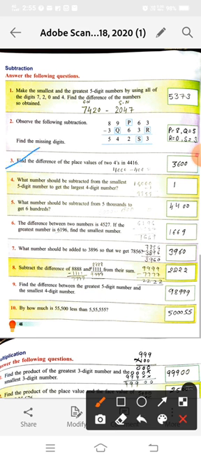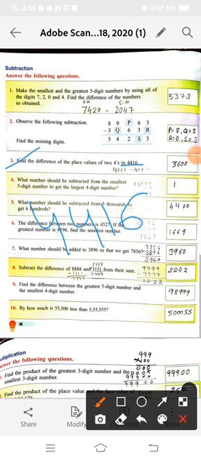Now the third question: find the difference of the place value of the two fours in 4416. What we have to do?